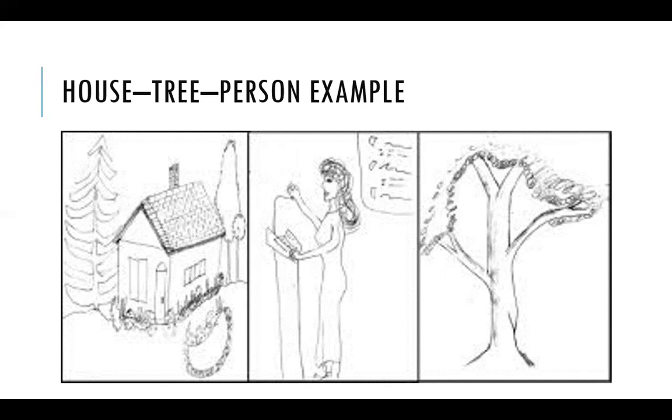How small? How many branches are there? For the person, what physical features does the person give themselves? What is their physical stance? Those are the types of things that the person administering the test is going to look at as they score and interpret those results. Okay.